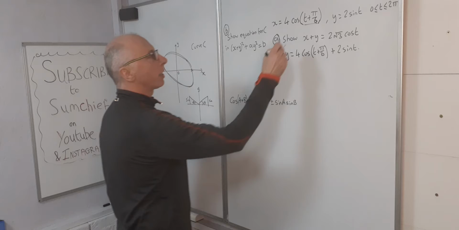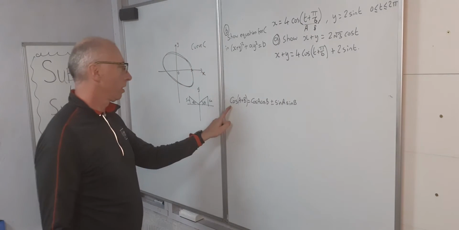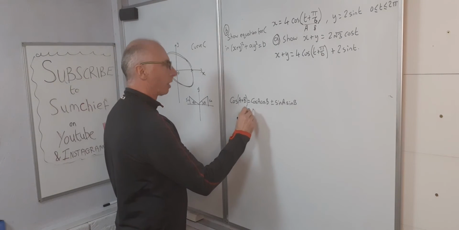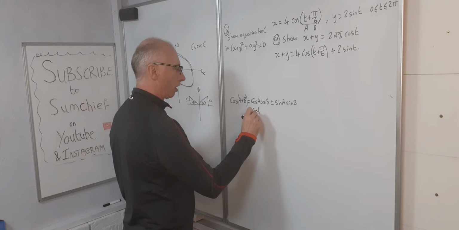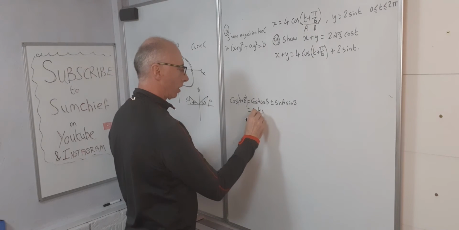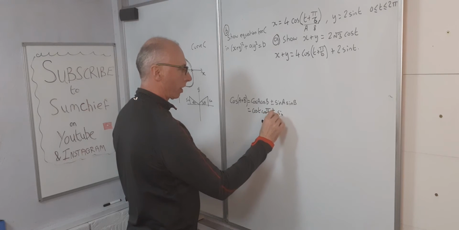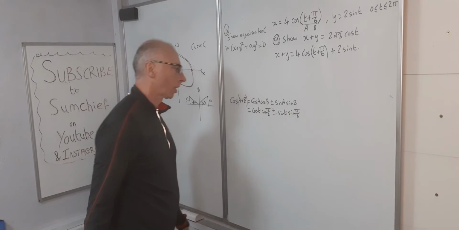So our A would be t and our B would be pi over 6. So we can plug them into here, see where we go. So t is A, B is pi over 6, plus or minus sine t, sine pi over 6.